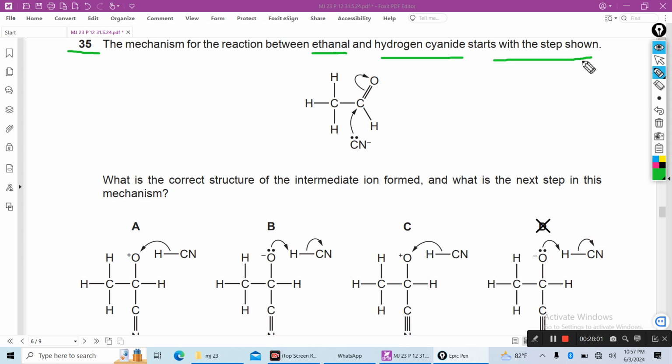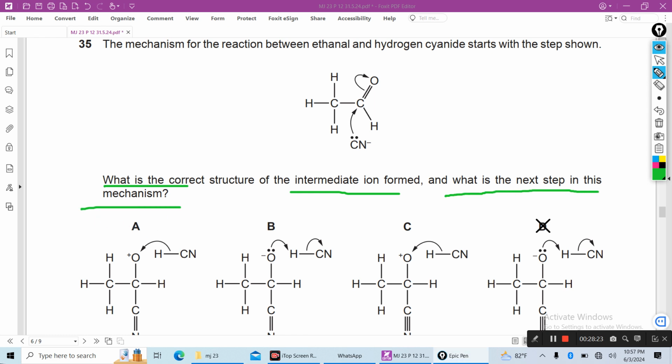This is a nucleophilic addition reaction. So electrons go to the O, oxygen will be negative, and the cyanide ion will be added to the positive carbon. Now you are asking what is the correct structure of the intermediate ion formed and what is the next step in this mechanism.